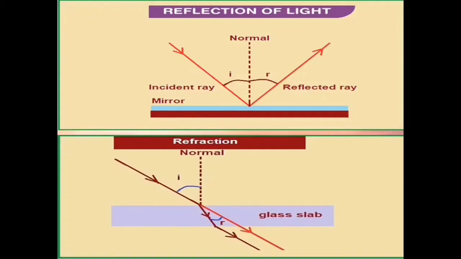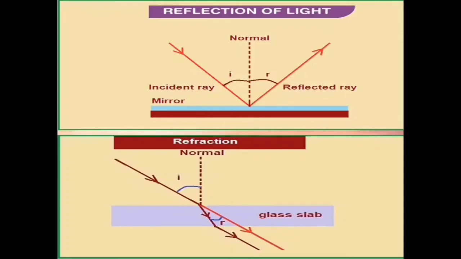Further, when that light ray goes from the glass slab into the rarer medium again, it follows a path parallel to the light ray as if there had not been a denser medium. So this is about the concept of refraction of light. We require both concepts for this article, and that is why we are considering them here.